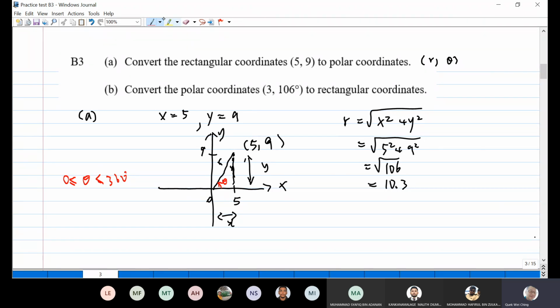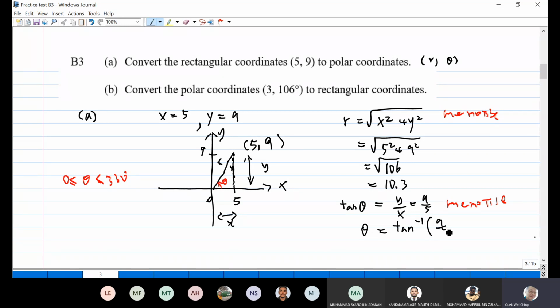So you can use tangent theta. The definition is tangent theta equals y over x. Memorize this one, and r as well. Then you have to be careful when you find theta, because sometimes your theta will be negative, so convert it.